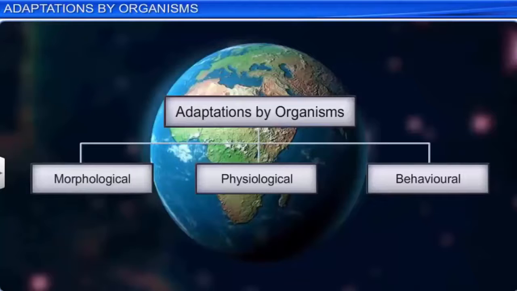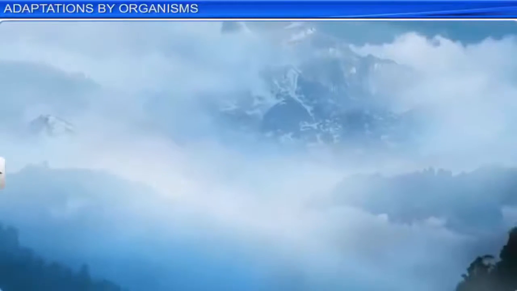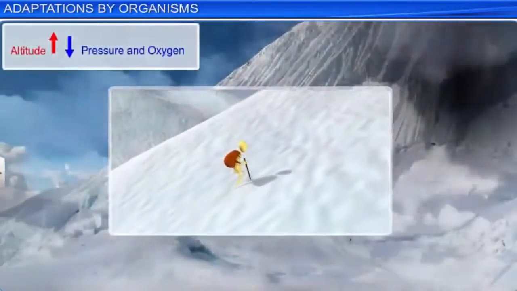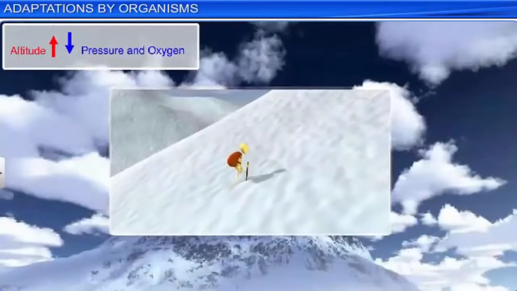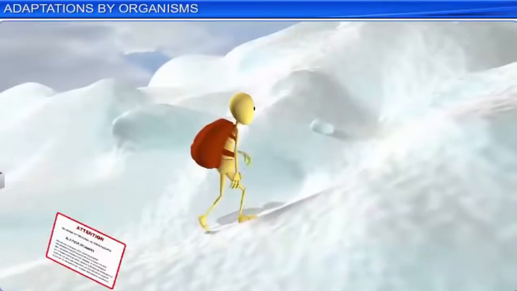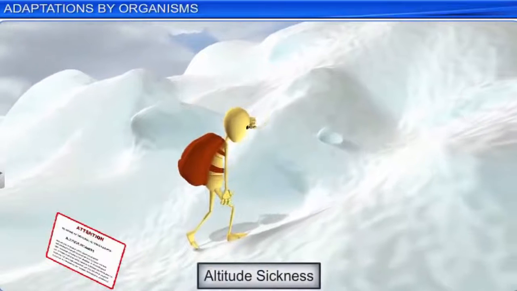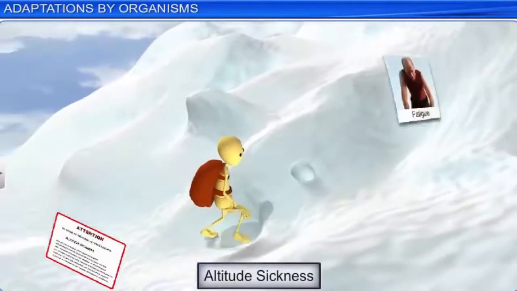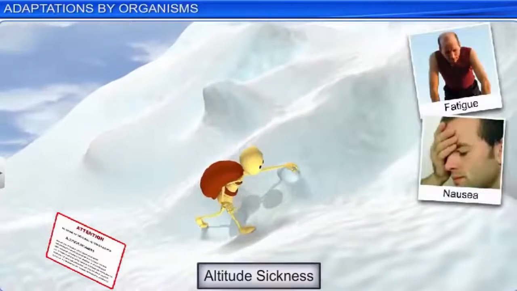Apart from morphological adaptations, some organisms physiologically adapt themselves to respond to stressful situations. For example, as you ascend a mountain, atmospheric pressure and oxygen decrease, and you begin to experience altitude sickness. Its symptoms are fatigue, nausea, and palpitations.